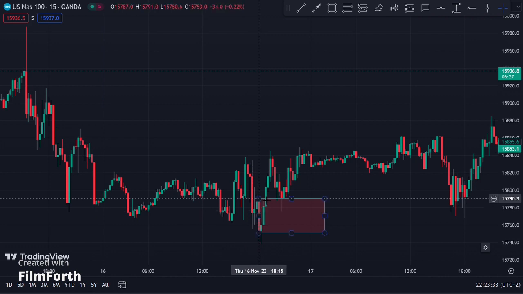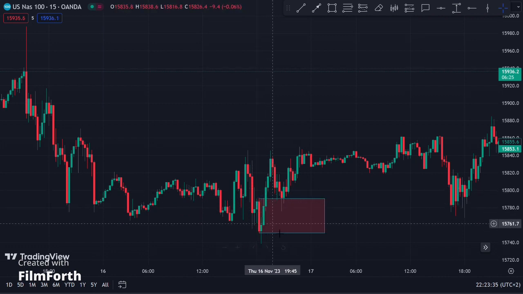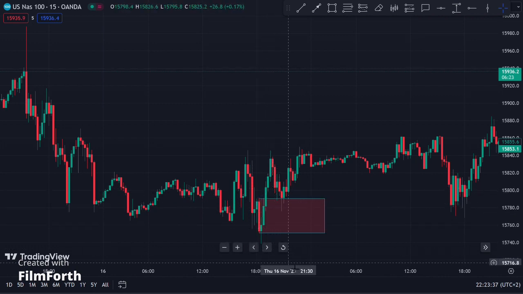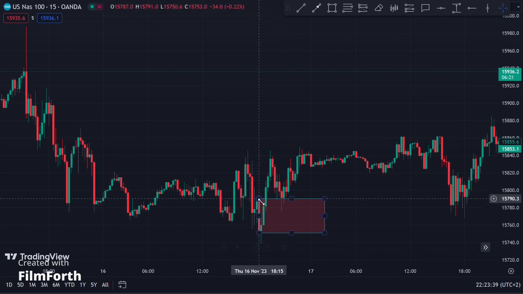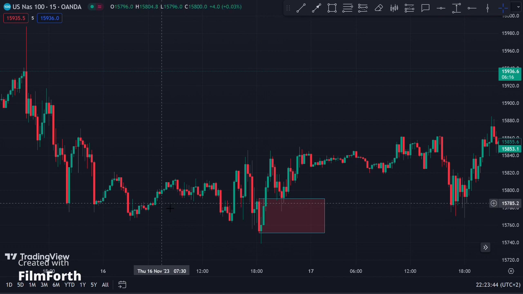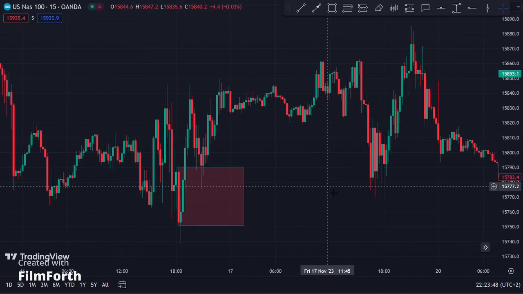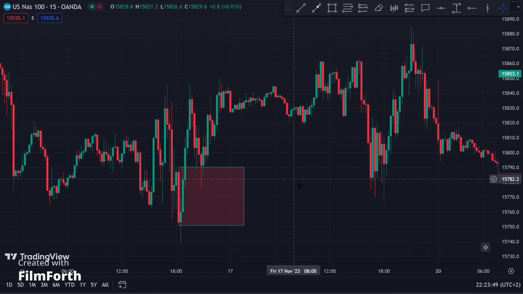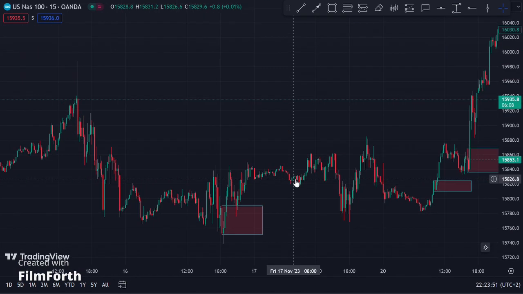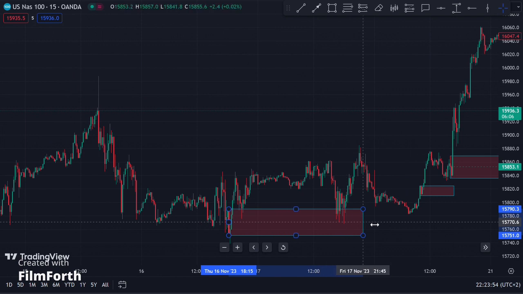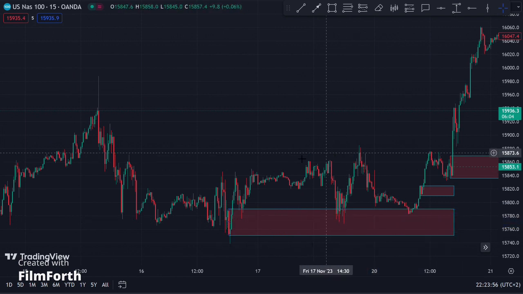If the market had gone lower, we would use these two green candles as an order block to go lower. But in this situation, I'm showing you because the market reacted off here and went higher. If you look at this order block, we reacted on it so many times.